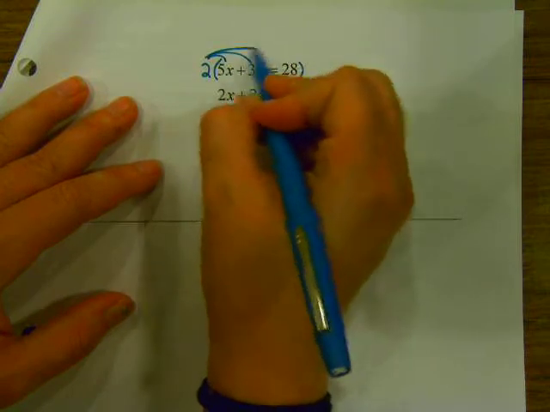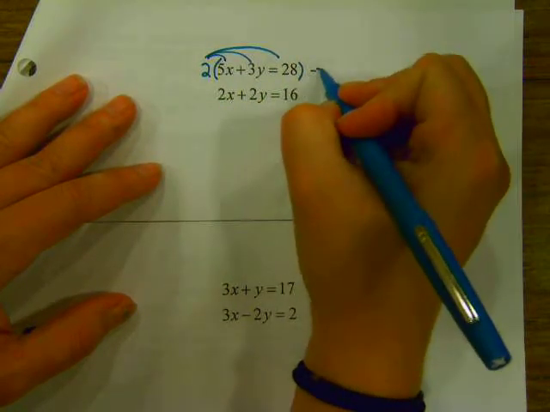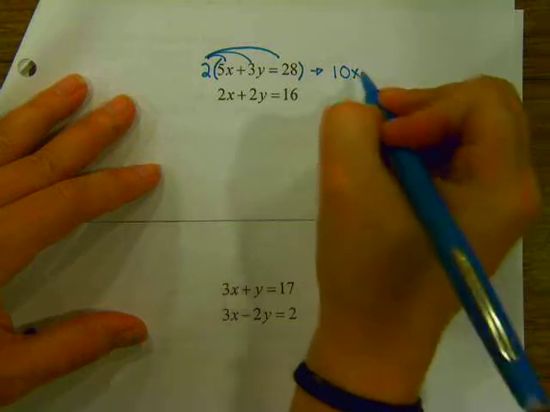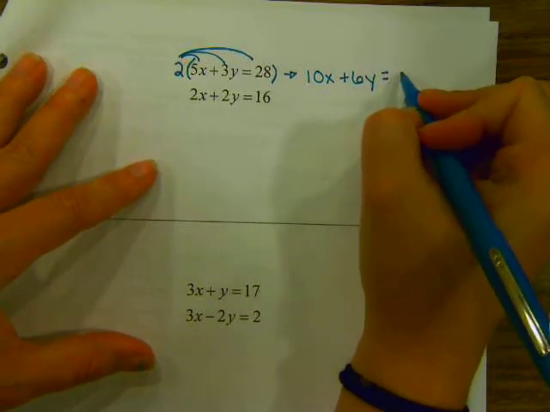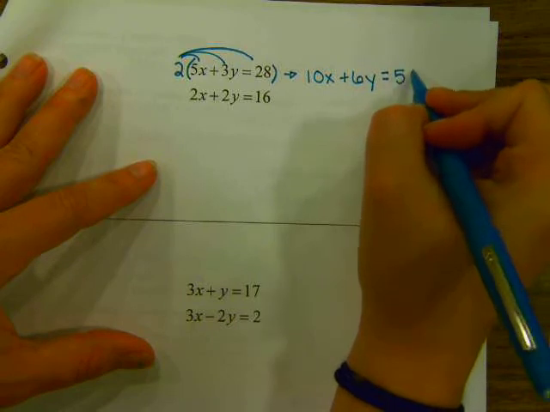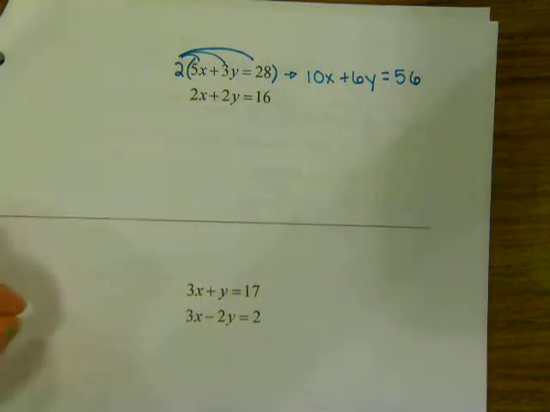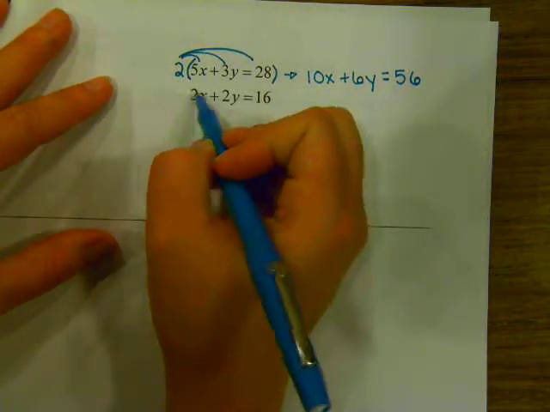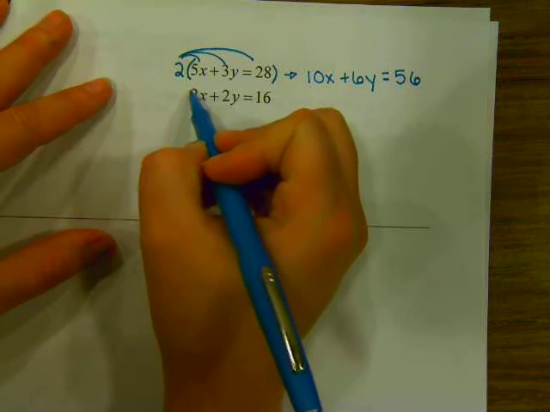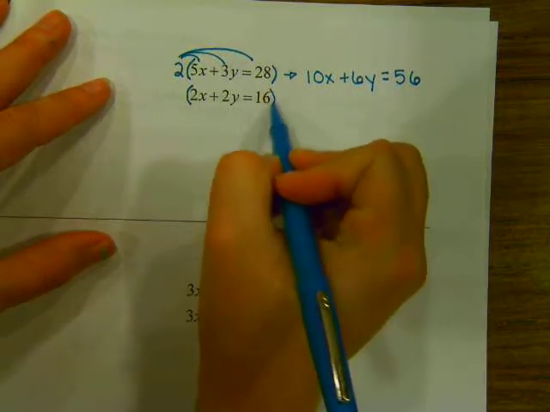Let's take care of that. So then that's going to make 10x plus 6y equals 28 times 2, 56. Remember, you get your calculator just to make sure the math's right. Now, if this equation I made a positive 10x, then in order to add them, I'm not going to just multiply this by positive 5.